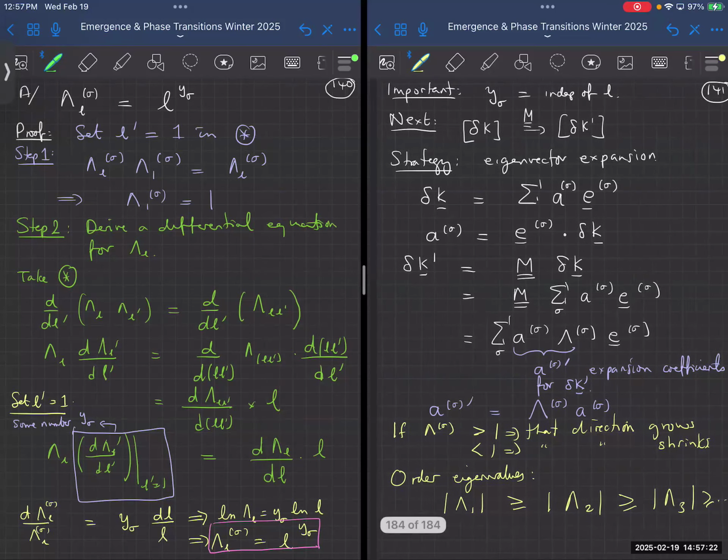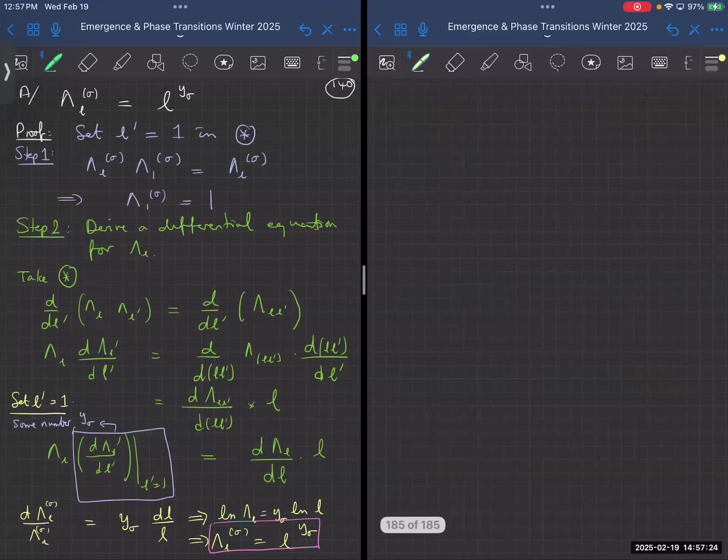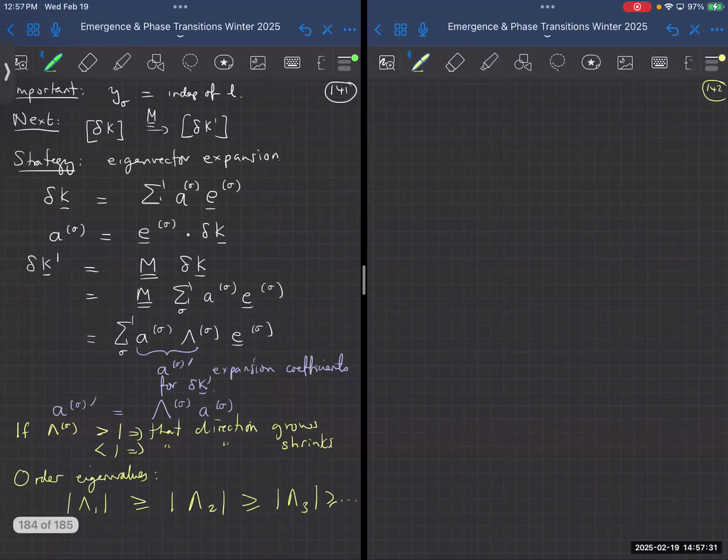And so then we have three cases to consider. So case one is lambda of sigma is greater than 1.